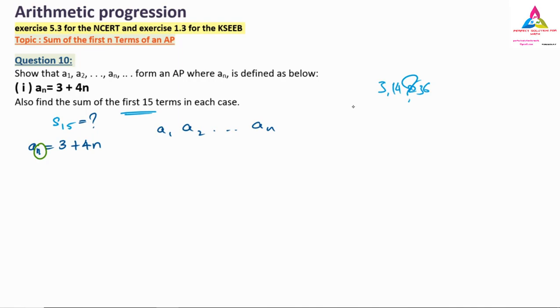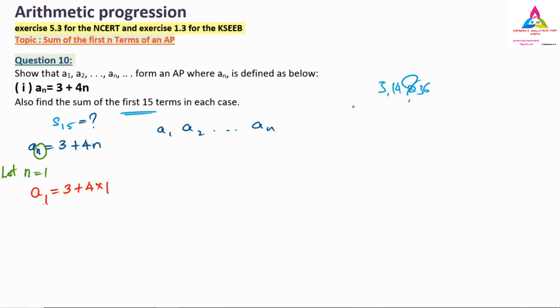So let n be equal to 1. In this equation, instead of An I have to write A1. So A1 is equal to 3 plus 4 into 1, because we have taken n equal to 1, and in place of n everywhere I have to write 1.